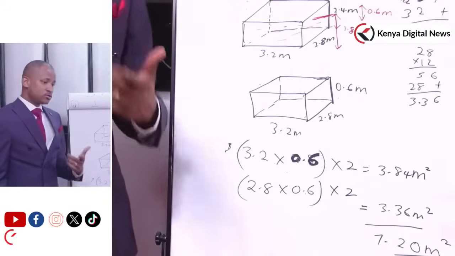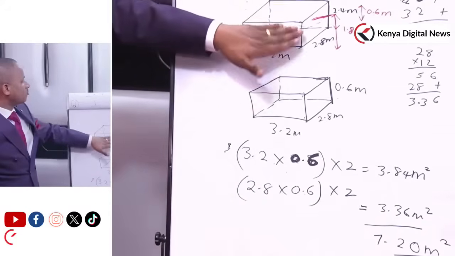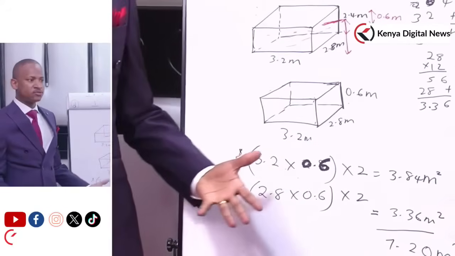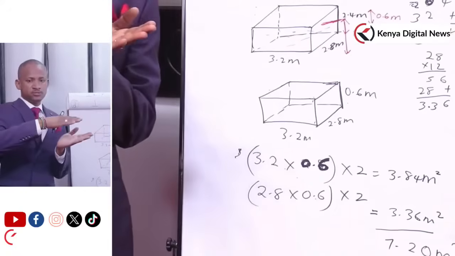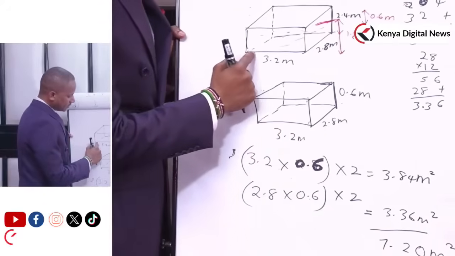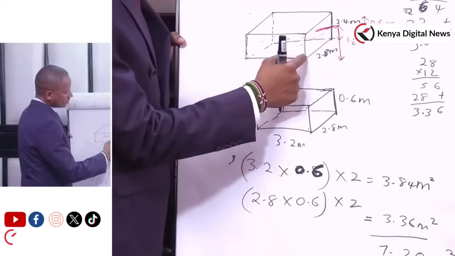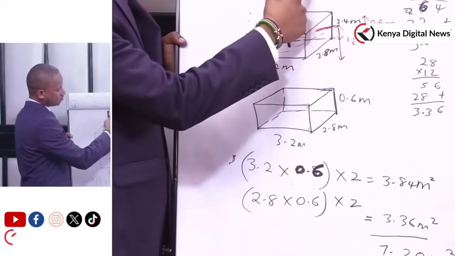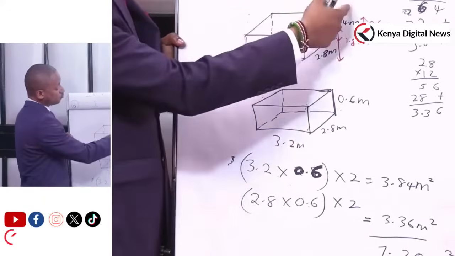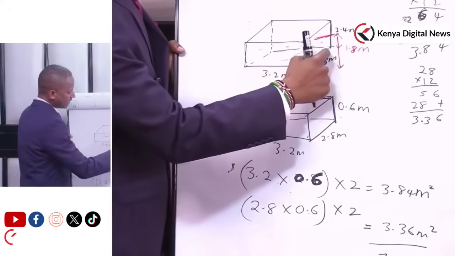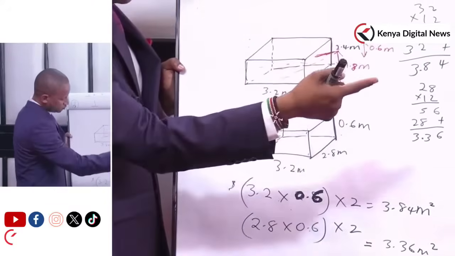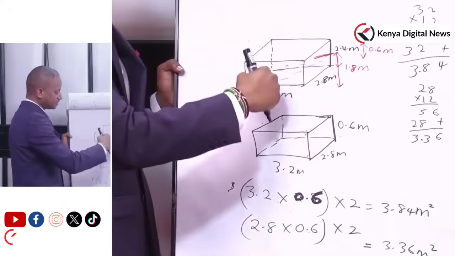Very good. The question can also tell you if this tank was full, which is the area that is in contact with water, full and closed. So therefore you could have done 3.2 times the total height, which is touching water, in this case 2.4, times 2, plus 2.8 times 2.4 times 2, because it is this side and this side and the other side.